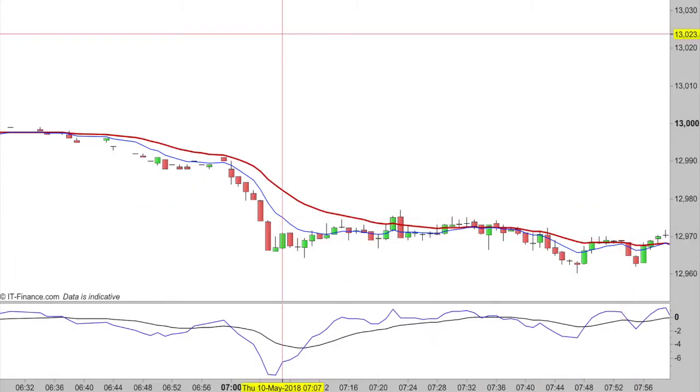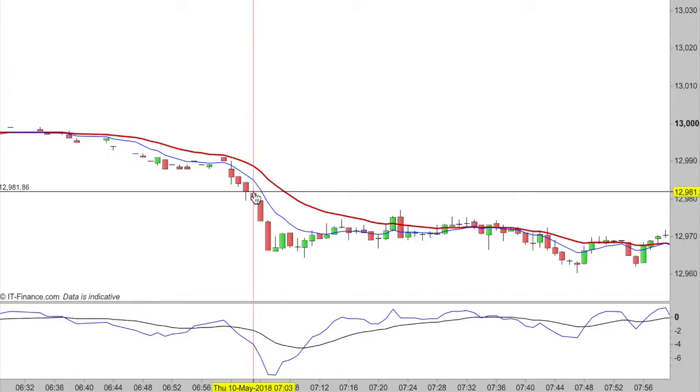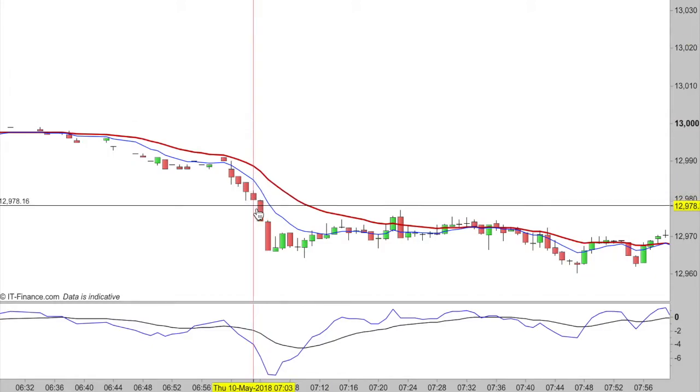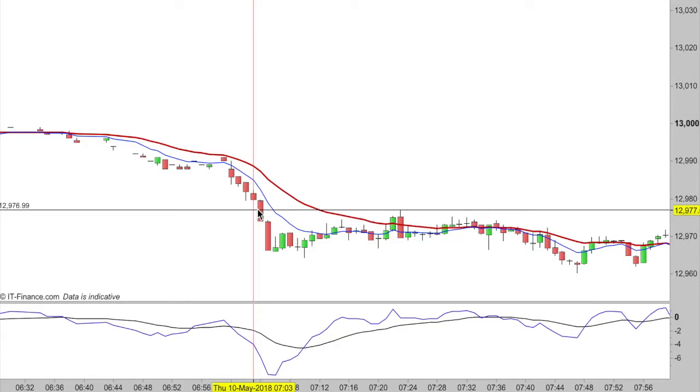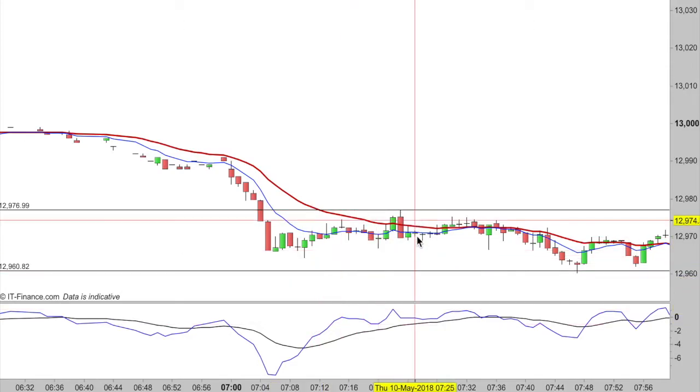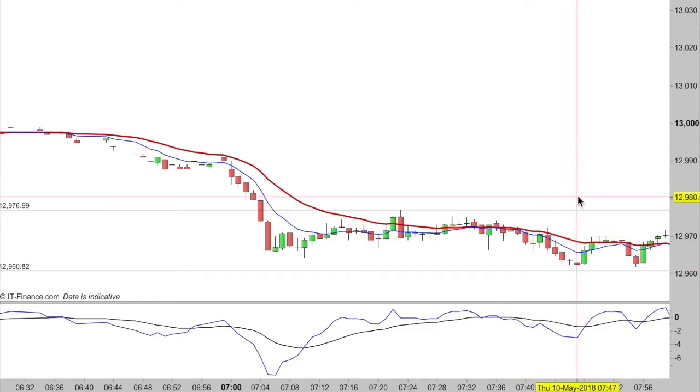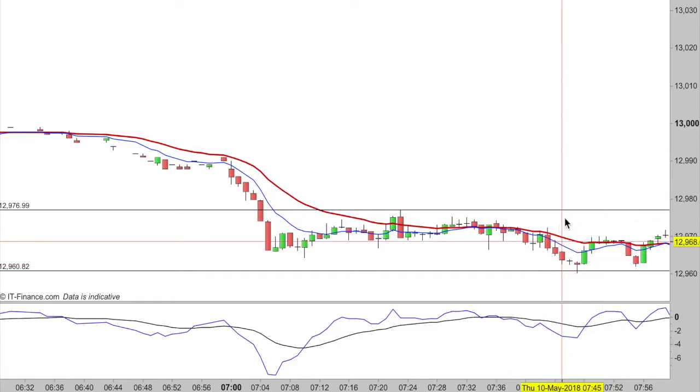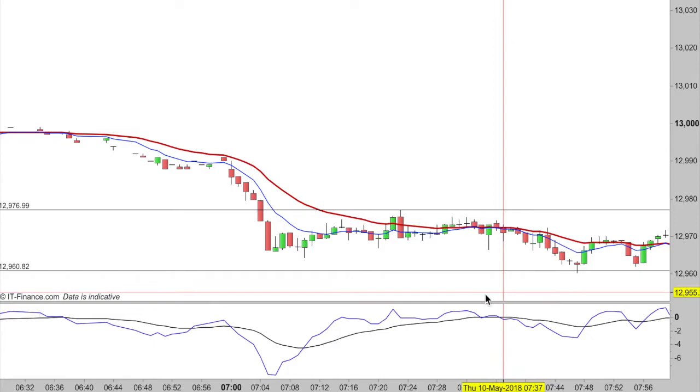But largely the price has been trading within the last hour, just under the last hour, within this boundary here, a very small range, and therefore you'd expect the market to move out of that range at some point early in the trading day.